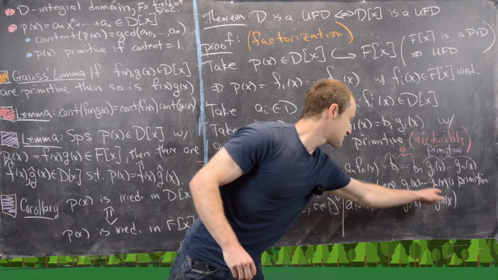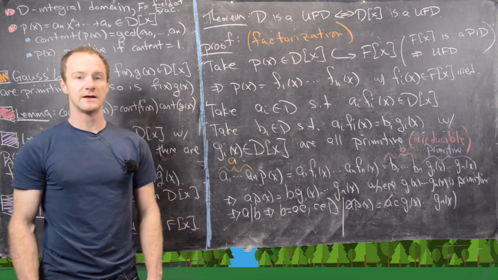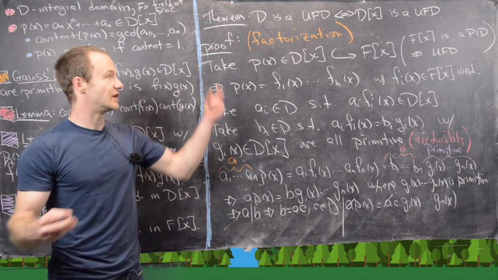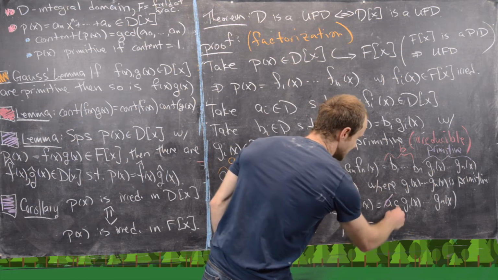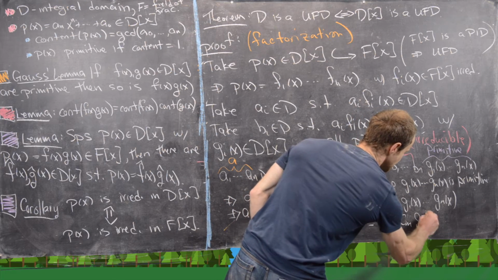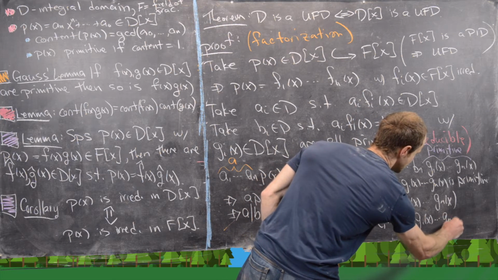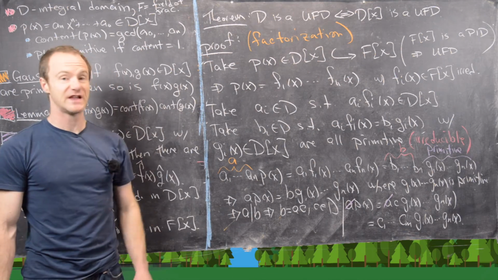Now we've got irreducible polynomials there, but this c is just an element of the domain. But we know we have a unique factorization domain D, which allows us to factor this number into c_1 up to c_m, times g_1 of x, all the way up to g_n of x. Okay, so let's reiterate what we have finished with.